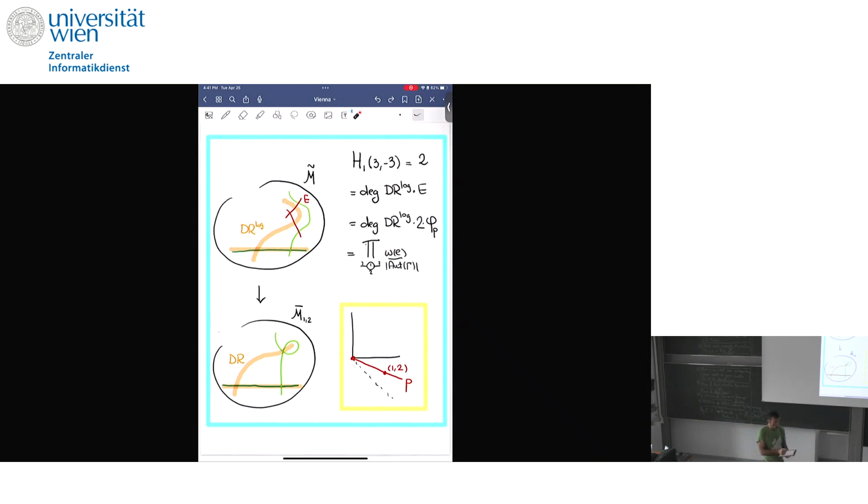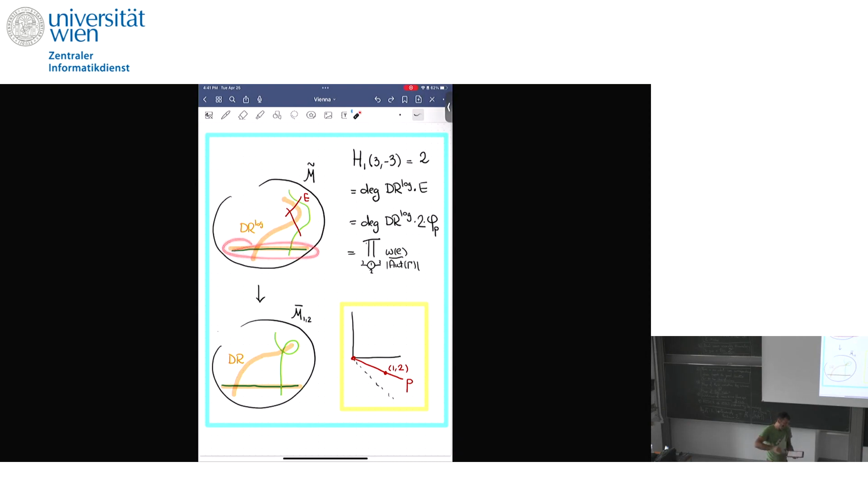If you blow up and now take the proper transform of the double ramification locus, there's this part here which is unrescuable, but this part becomes dimensionally transverse to the boundary. So you can hope to obtain the Hurwitz number by intersecting this curve with this exceptional divisor. How do you do that?